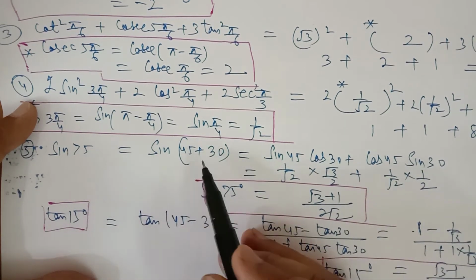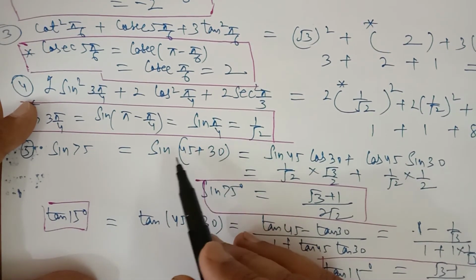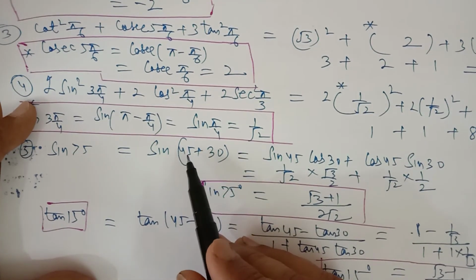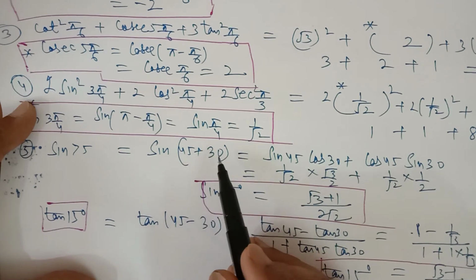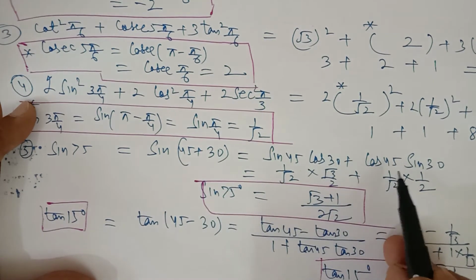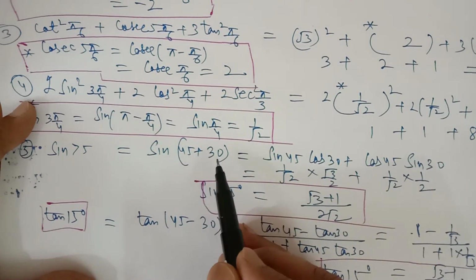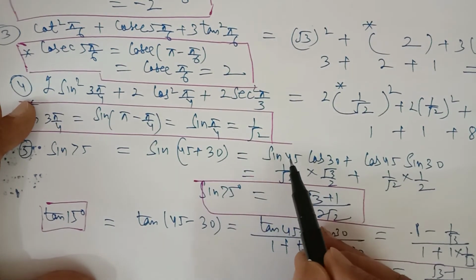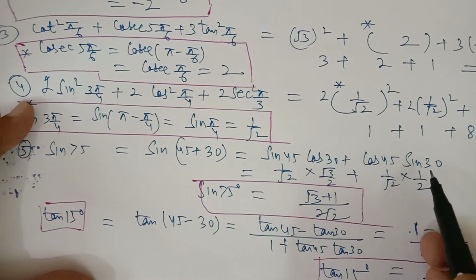Now it comes out to be the formula sine A plus B. Now write the formula of sine A plus B as sine A cos B plus cos A sine B, where A is 45 and B is 30.